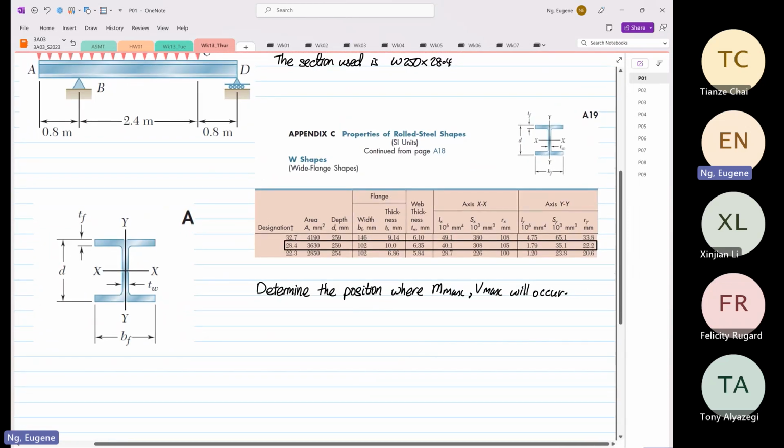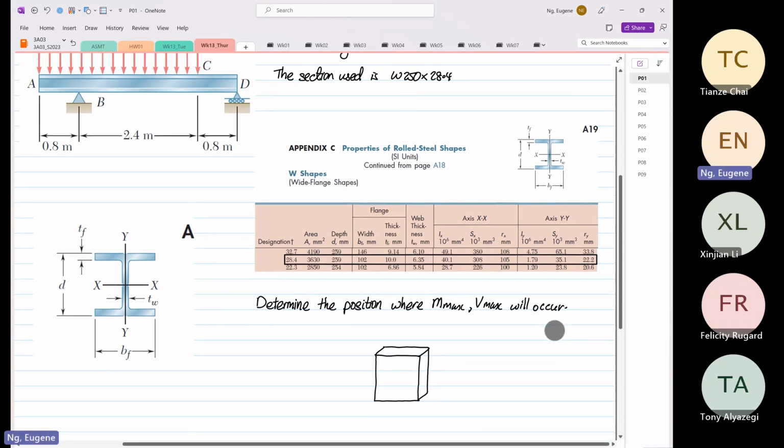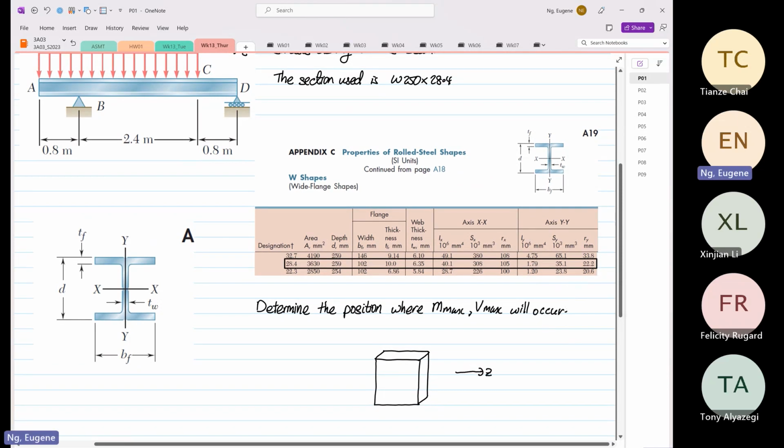So if we are looking at a 3D element now, this is our Z, this is our Y, and this direction will be our X. So we have to find our stress Z, and we also have to determine the shear ZY, and this one is the shear YZ.